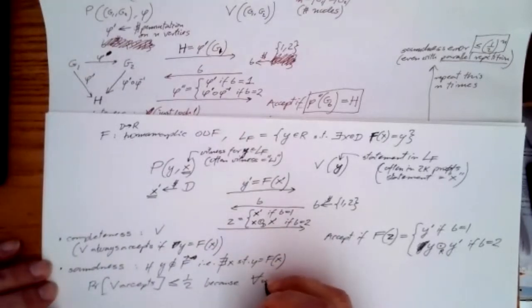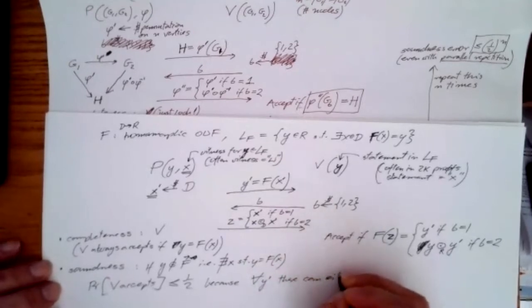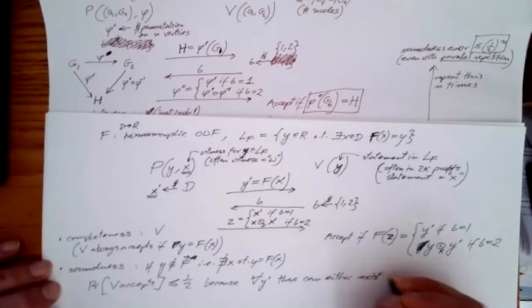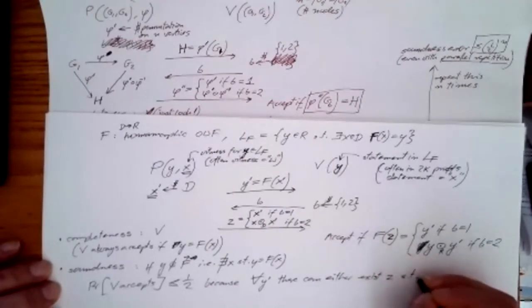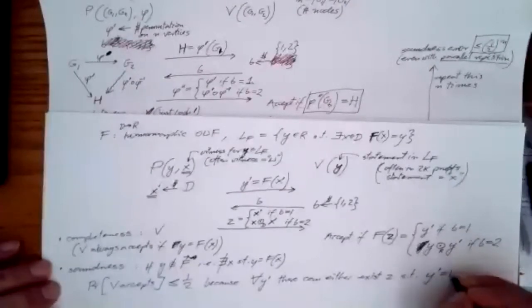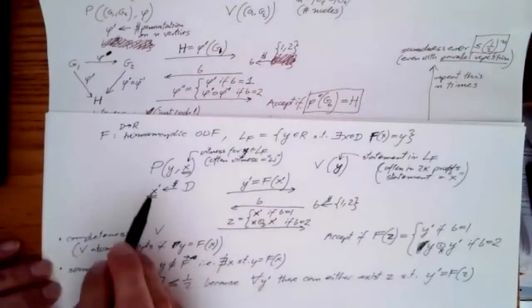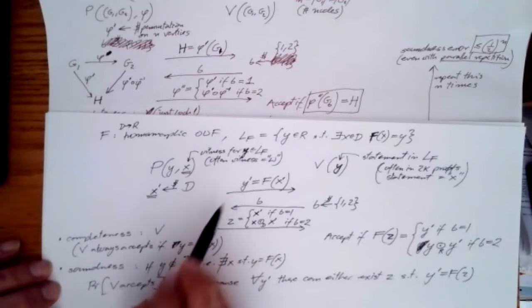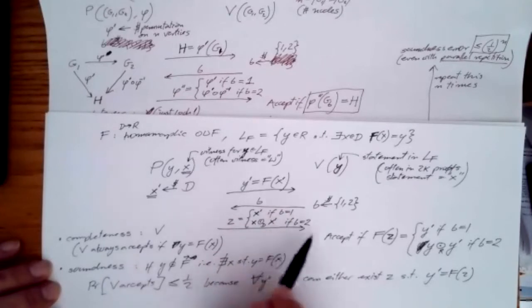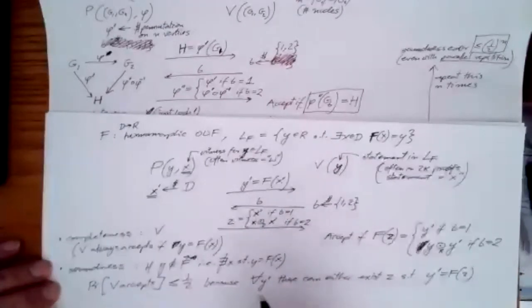for every y prime that the cheating prover is going to send, there will either exist a response for the b equal 1 case or b equal 2, or also none, but at least these two cannot exist at the same time.